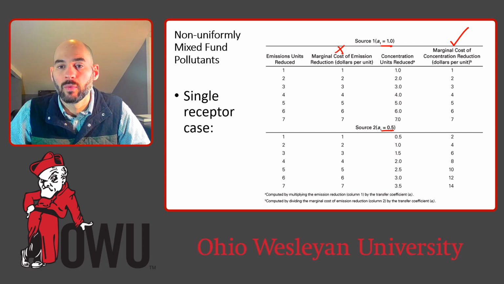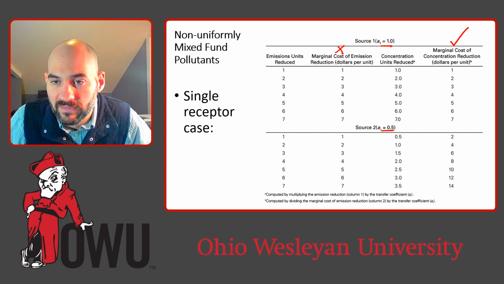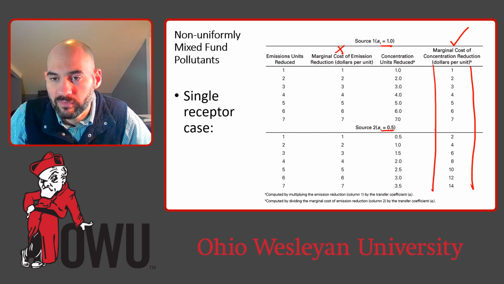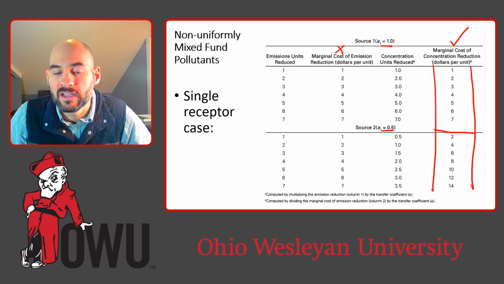And so we know that in this column, for both firms, there are going to be combinations of emission unit reductions which have the same value for the marginal cost of concentration reduction.